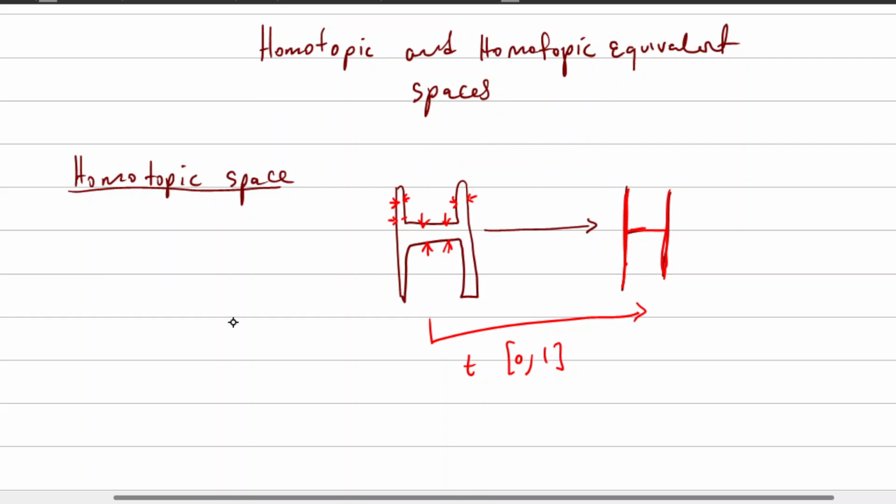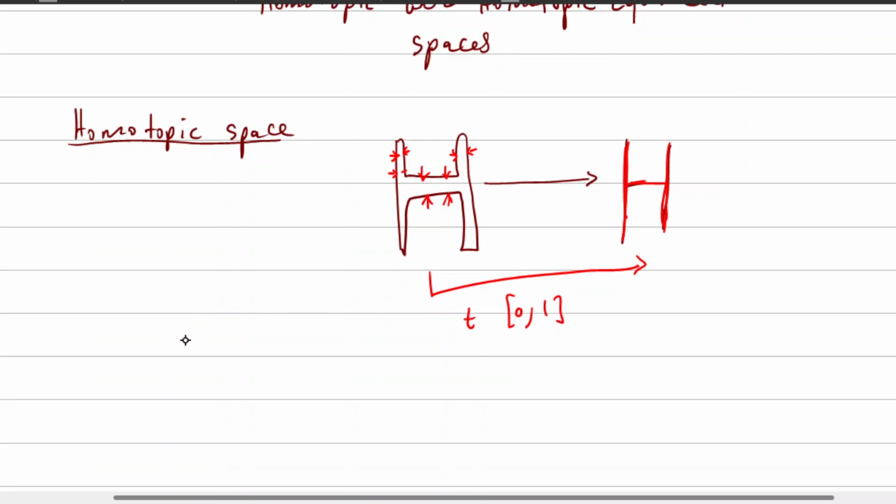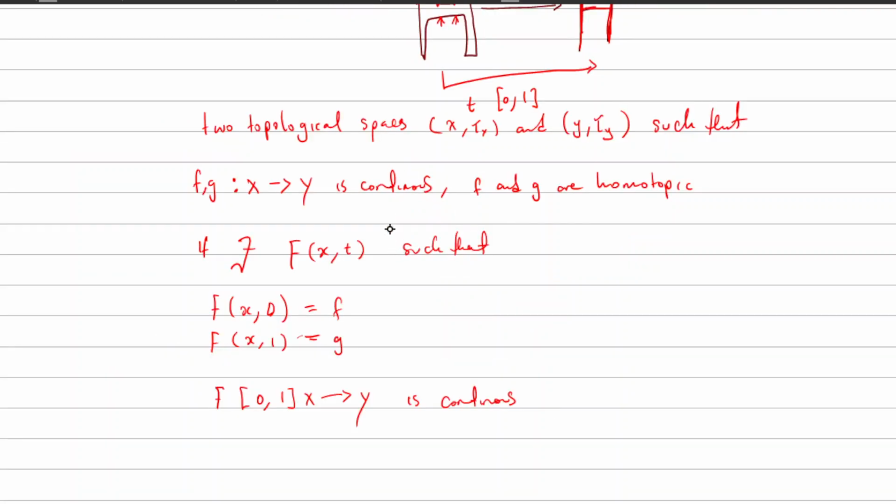Let me define it formally, then we can look at an example. This is how we can formally define homotopy and homotopic.